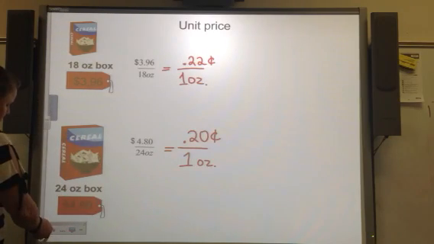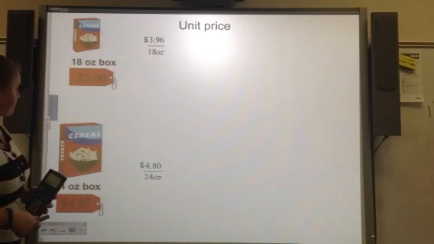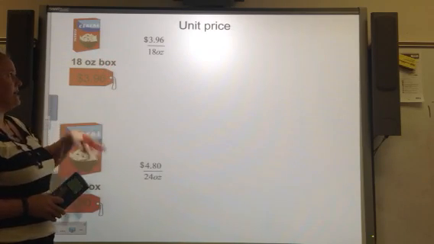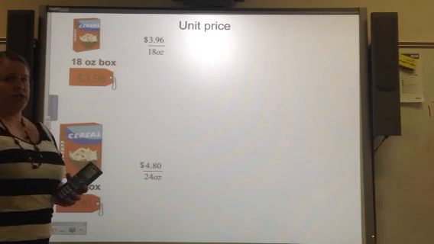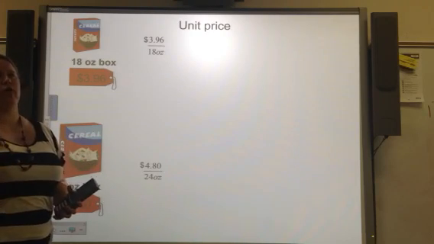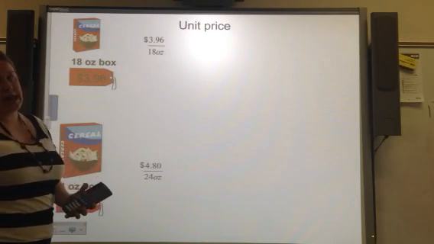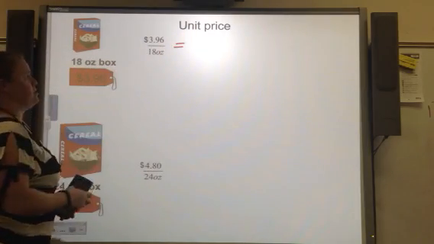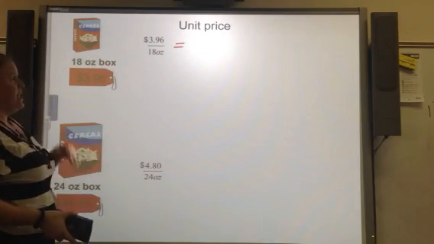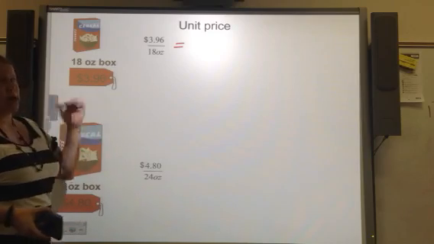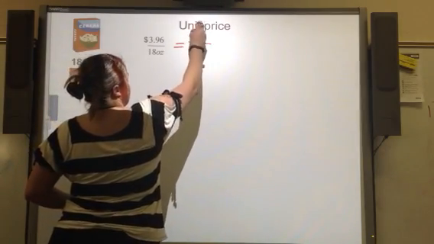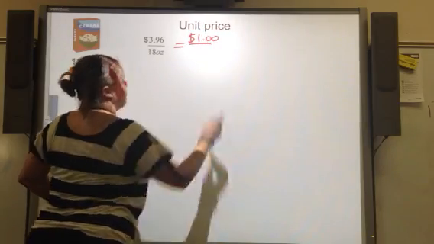Let's look at another example, another way of doing it. So not only can I set my unit price to the ounce, I can also say, hey, for $1, how many ounces can I buy? So this time, instead of just saying $3.96 equals 18 ounces and trying to figure out per ounce, I want to find out per dollar. So I'm going to put $1 at the top.